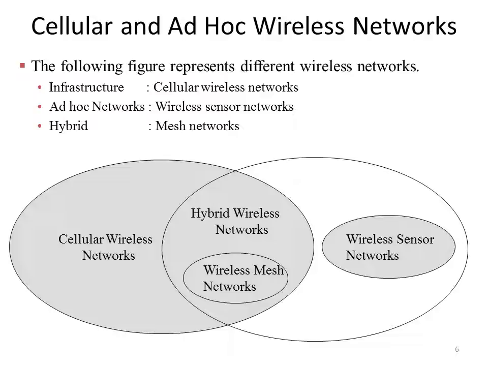There is no proper structure for wireless sensor networks. The combination of cellular and wireless networks can be called hybrid wireless networks. One of the best examples of a hybrid wireless network is the wireless mesh network. So these are the three different types of networks available with respect to wireless.